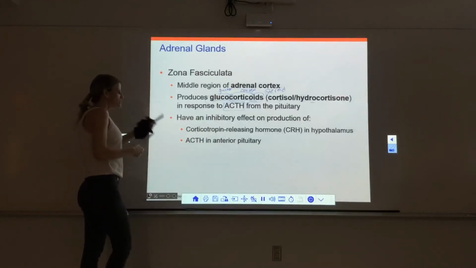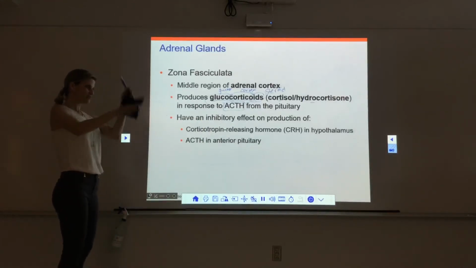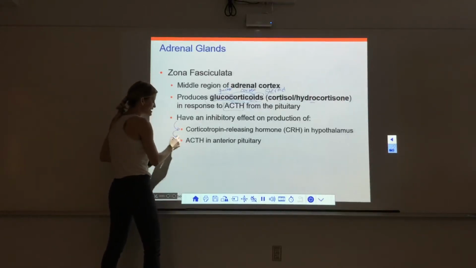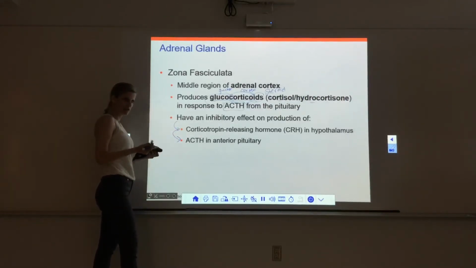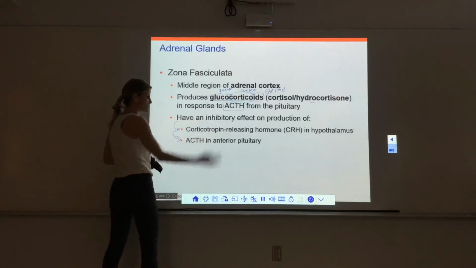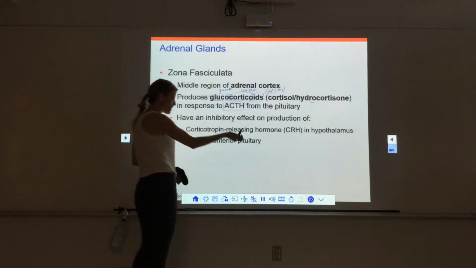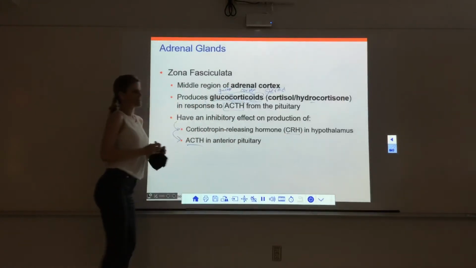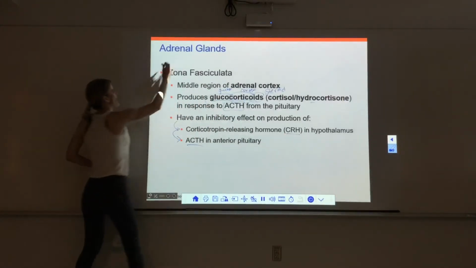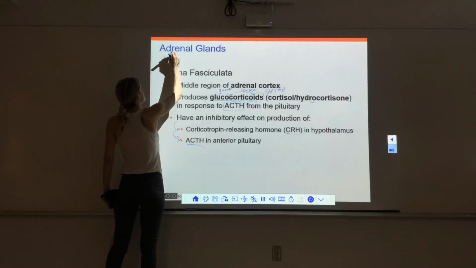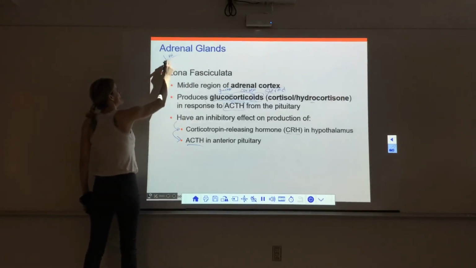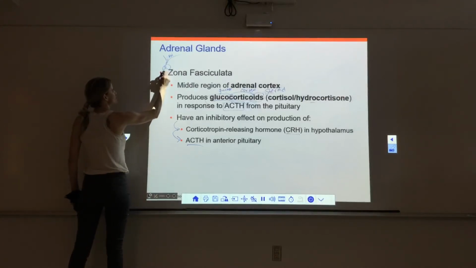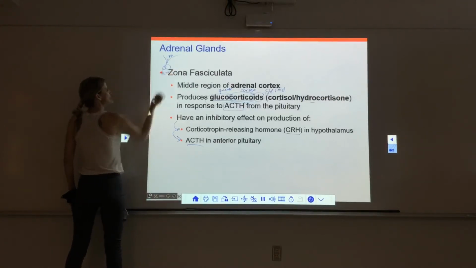glucocorticoids. These glucocorticoids, we'll talk about their normal effects in a second, but remember that they have a negative feedback response, right? So if we have a lot of them in the blood and they make their way back up to the pituitary and the hypothalamus, they're going to decrease the amount of CRH and ACTH that we release. Remember, the hypothalamus has CRH, corticotropin releasing hormone. That goes down to the anterior pituitary, tells the anterior pituitary to release ACTH.